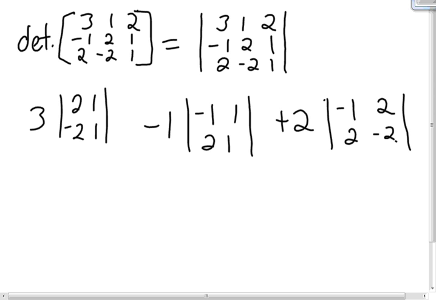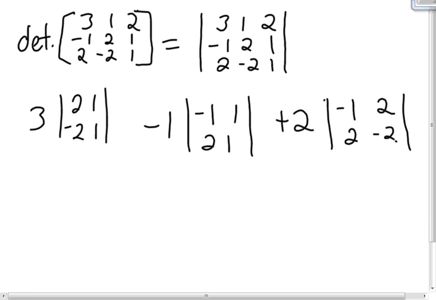Similarly, when I do the number 1, I can no longer use that column or that row. So I take the numbers left over and build a 2 by 2 matrix and find the determinant of that. And then last but not least, when I do the number 2, I can no longer use that column or that row. So the 4 numbers left over constitute a 2 by 2. And then I use that to find the determinant of that 2 by 2 matrix.